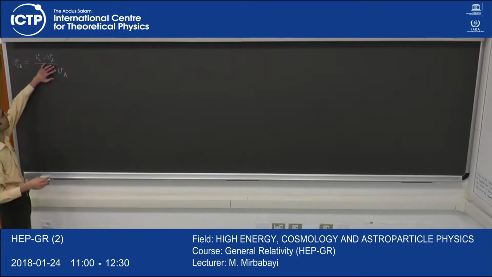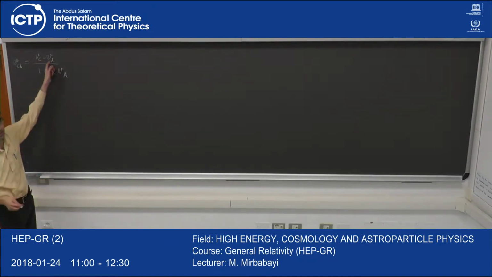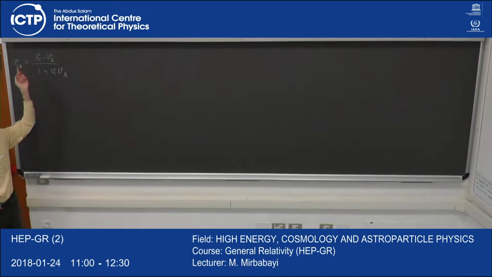First of all, the numerator, VC minus VA, you can guess from the Newtonian, non-relativistic limit. The relative velocity is the velocity of Charlie minus the velocity of R. So this minus sign is just from the non-relativistic limit.